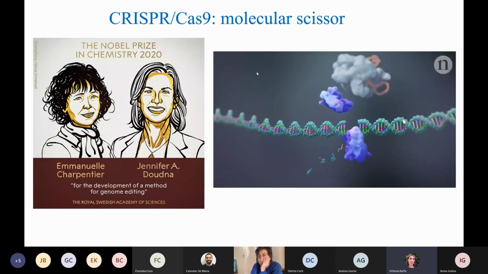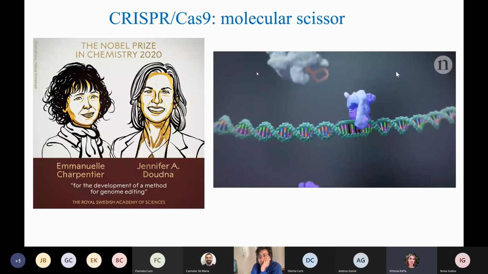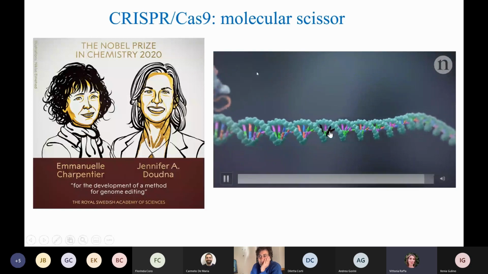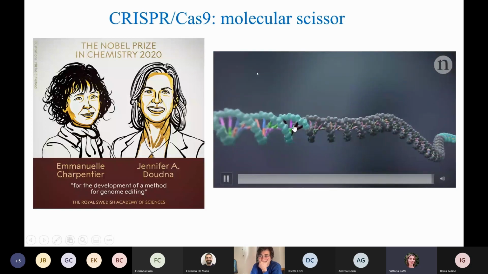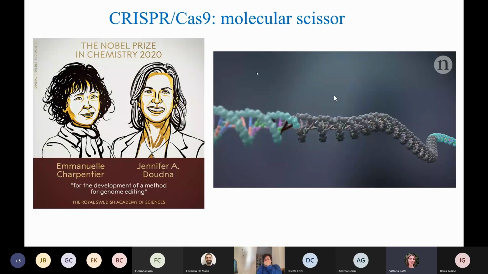Then you have the self-repairing machine that tries to repair this cut. But this creates some mistakes. Then you see it switches off the gene. So this gene doesn't encode anymore for a protein, or for a functional protein. So we are switching off the expression of this gene.